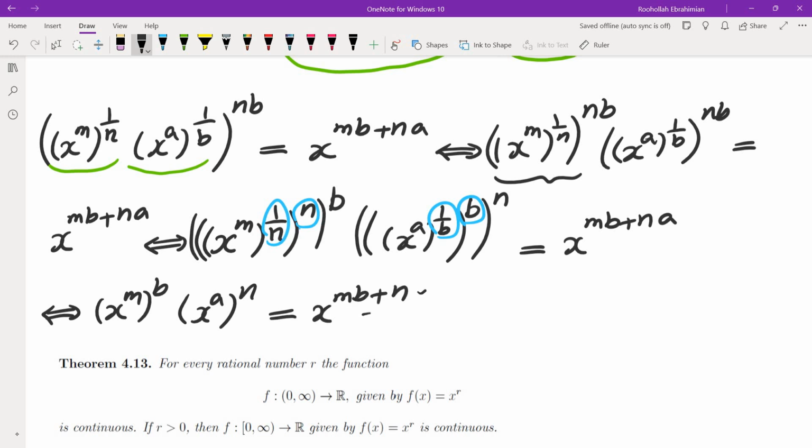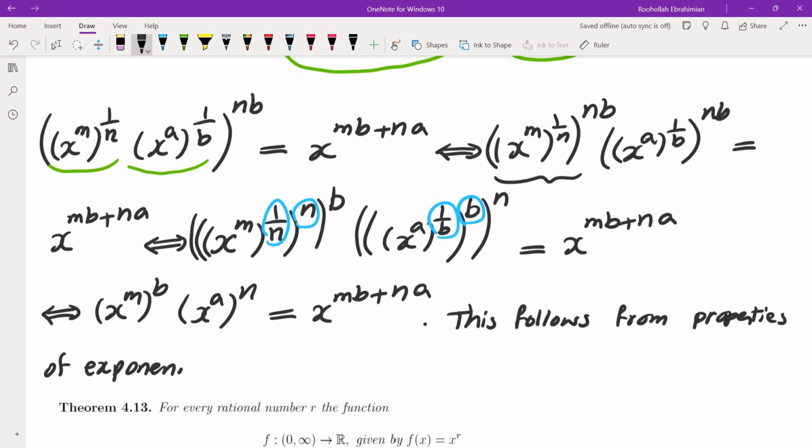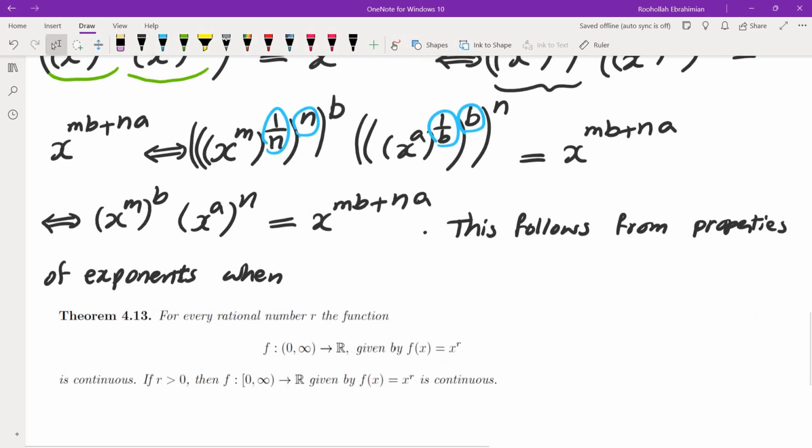Of course this follows from properties of exponents, but only when exponents are integers.